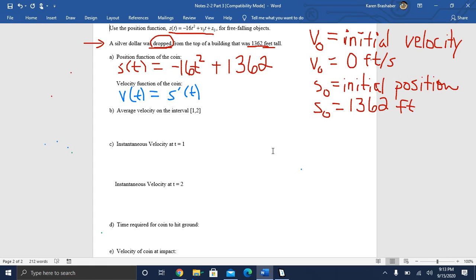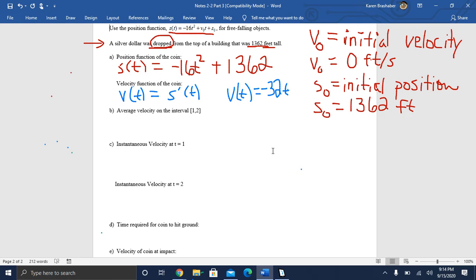And so v of t, for this problem, taking the derivative of negative 16t squared, we'll multiply the 2 by the negative 16. That's negative 32t. You reduce your exponent by 1, and that makes it t to the first. And then the derivative of the constant is 0. So our velocity function is negative 32t.